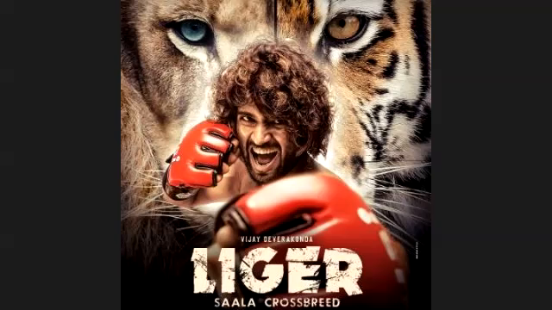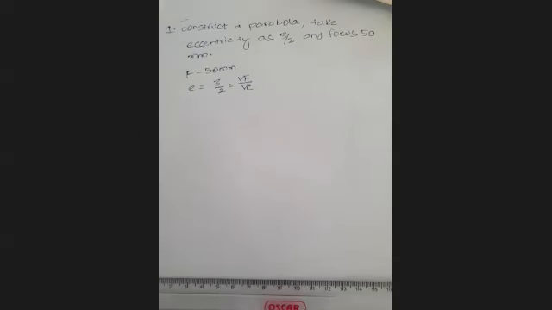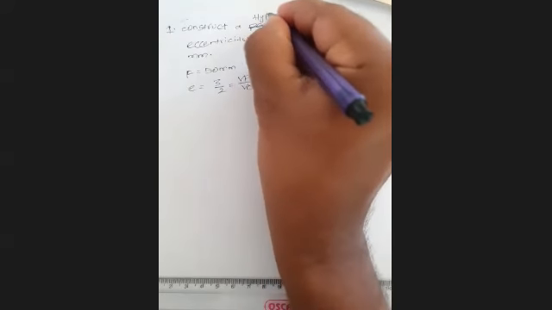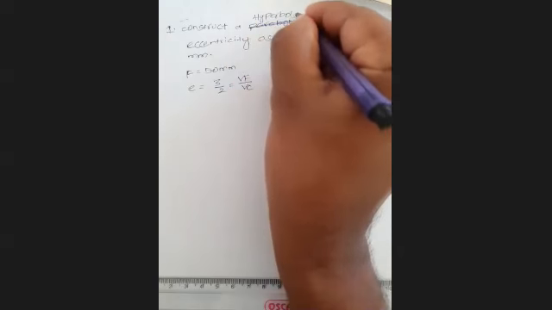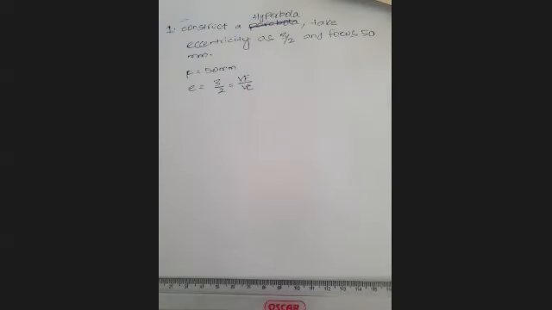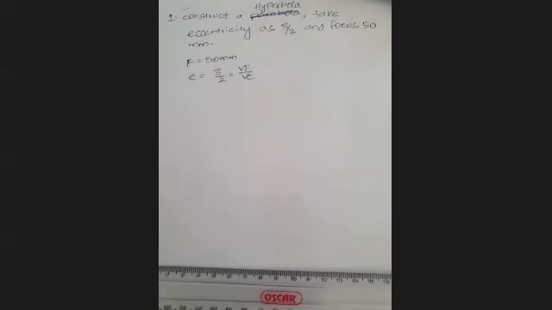Sir, parabola means you said E equal to 1, no, sir? Yes, I have to change the question. It is not parabola, it is hyperbola. Greater than 1. 3/2 is greater than 1.